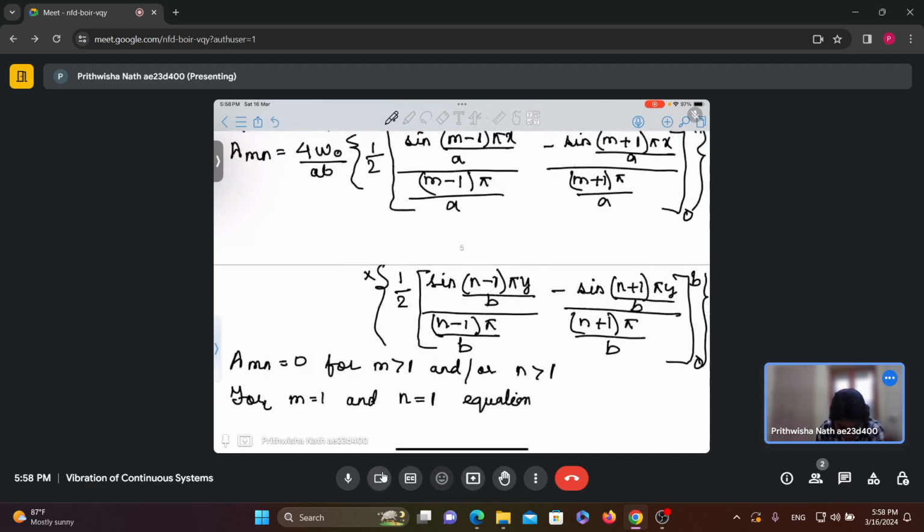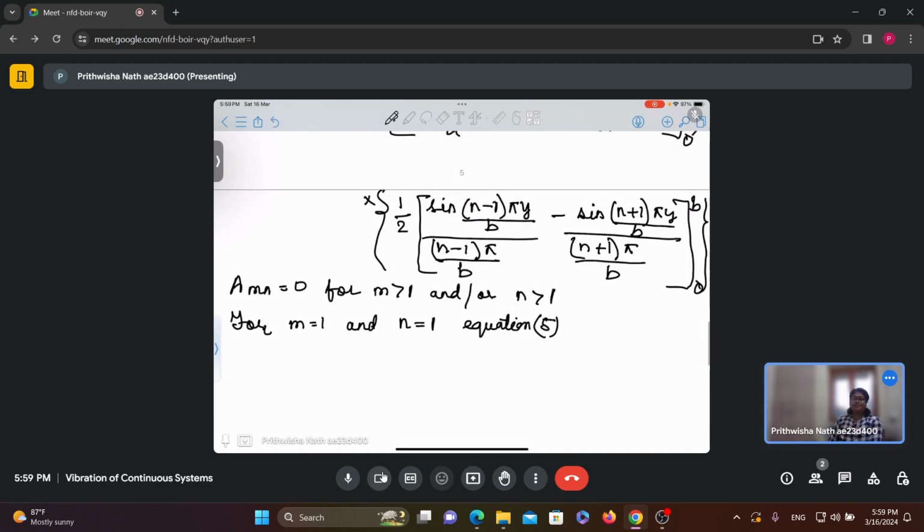For m equals 1 and n equals 1, equation 5 can be simplified as follows. Since m equals 1 and n equals 1, I can write A_mn as A_11.